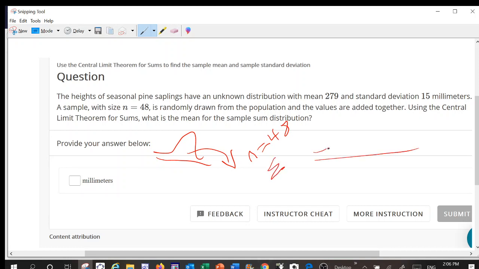So the sums have a distribution. The mean of the sums is n times mu. So in this case, it would be 48 times 279, right? And whatever that number is.